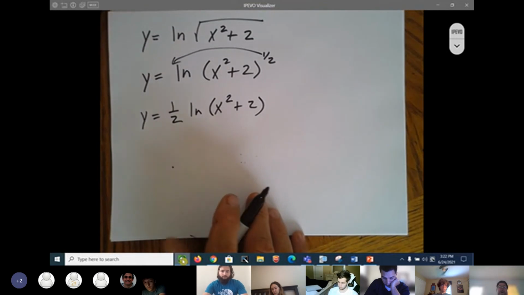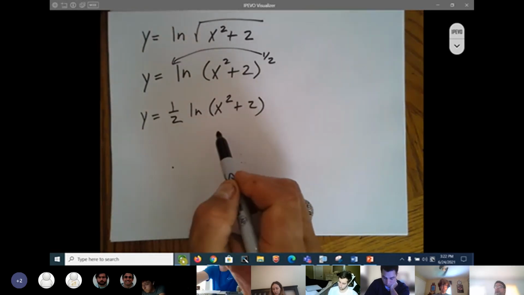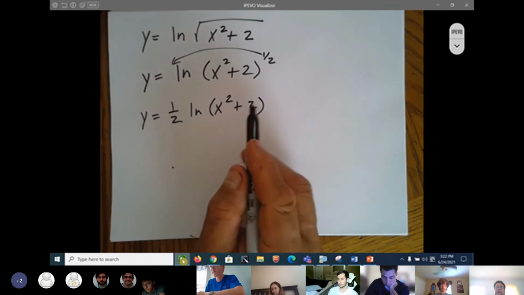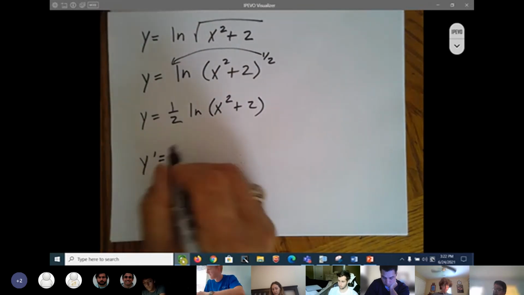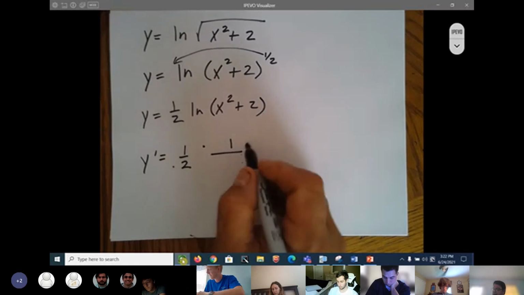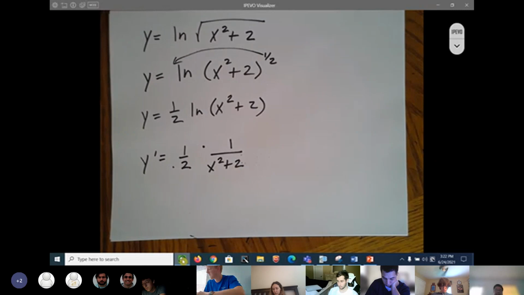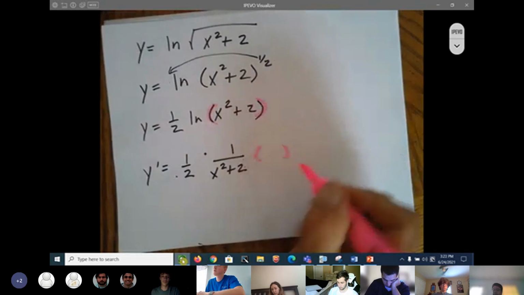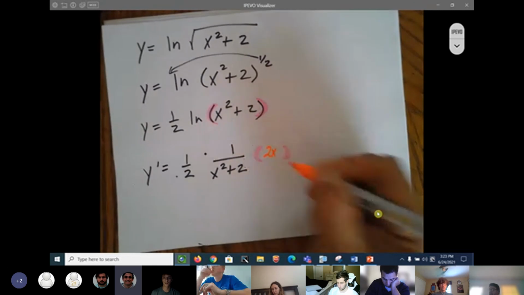So what is the derivative of the natural log of x squared plus 2? 1 over x squared plus 2 times 2x? Oops. y prime is equal to 1/2 times 1 over x squared plus 2 times what? 2x.